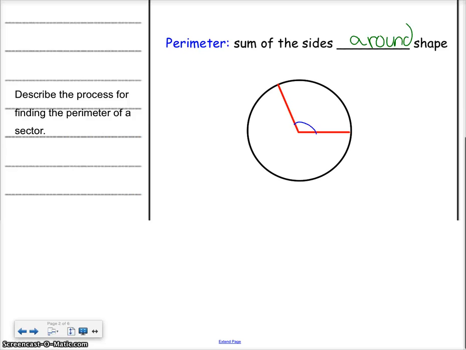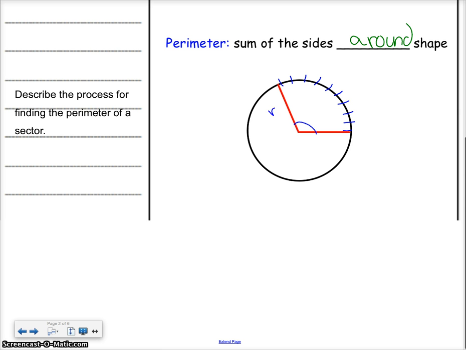All right, let's talk about this sector. I'm talking about the smaller one. And I want to know, what is the perimeter of the sector? Well, what you want to find out is the arc length. You need to figure out what in the heck that arc length is.